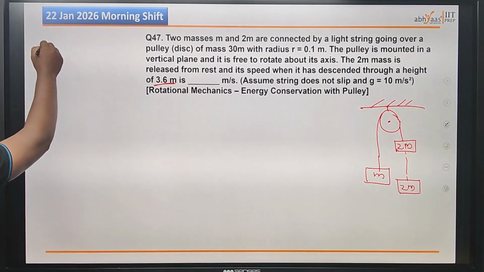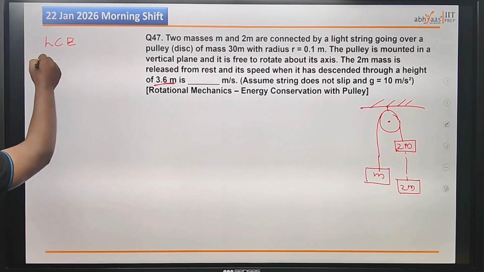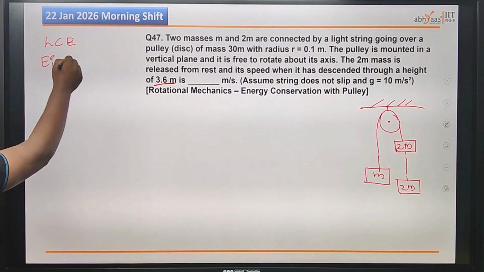So law of conservation of energy. Initial energy equal to final energy.